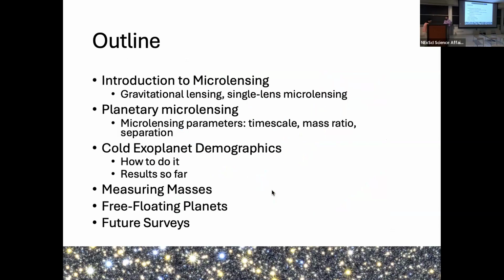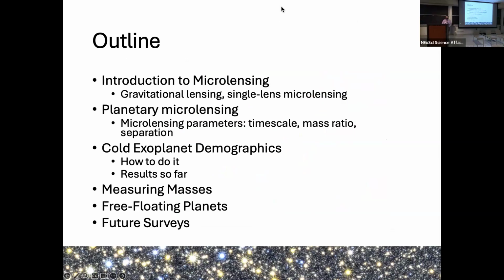Let's lay out the outline of the talk. So I'll go over an introduction to microlensing first, for those that aren't familiar, starting with the simple case of a point mass lens.